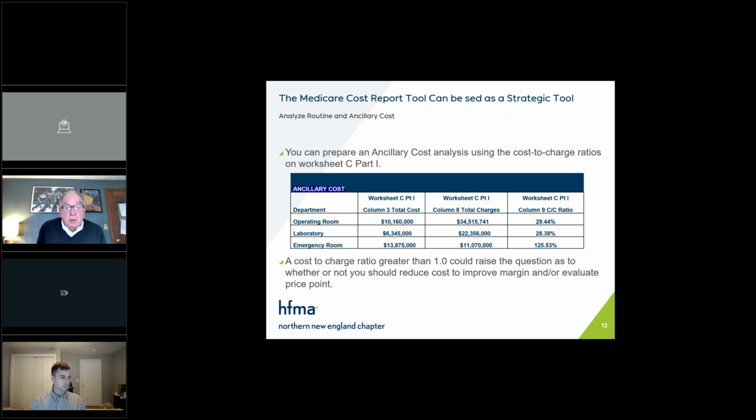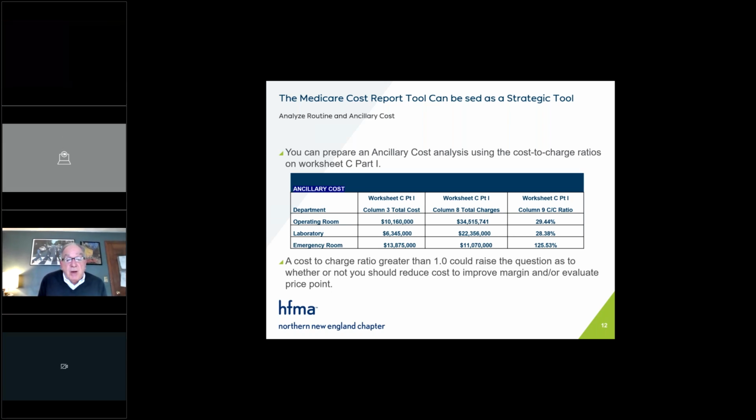You can look at total charges, for instance, for an operating room. In this case, there was $10,160,000 in total operating cost, and there were $34 million in operating room charges. These numbers come directly from the cost report. You can go to worksheet C, go to the operating room line number, and extract these costs very easily.